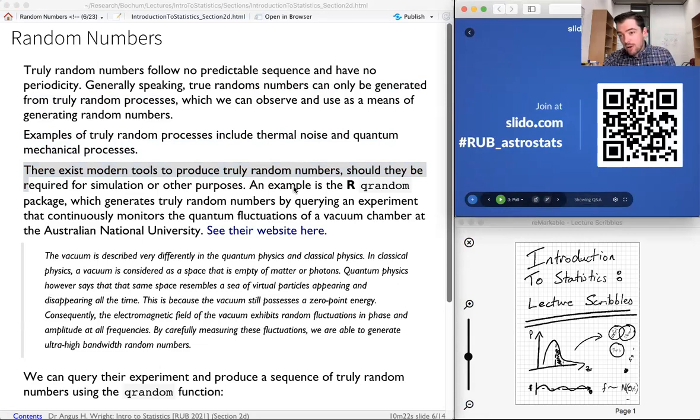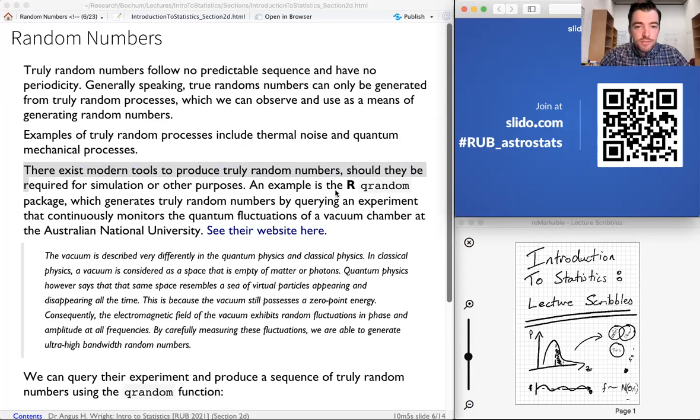However, nowadays it's less of a barrier, because there are dedicated teams and dedicated tools out of the box that you can just take and use that will give you truly random numbers.